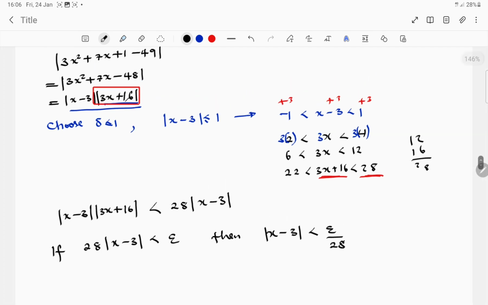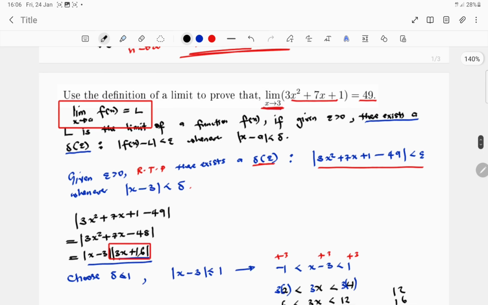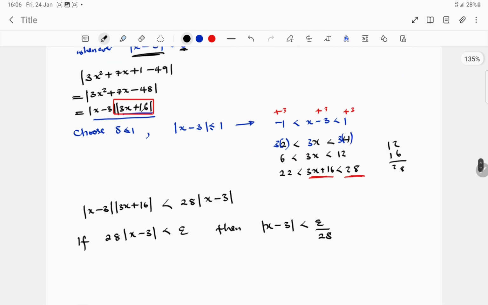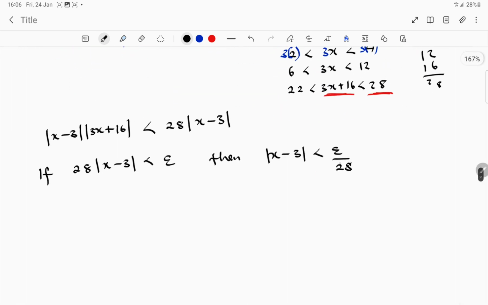As you can see, from the beginning our target was to bound this one such that we find the delta which depends on epsilon. Depending on epsilon means that delta is a function of epsilon. Here you can see that |x - 3| is now bounded by a function of epsilon.